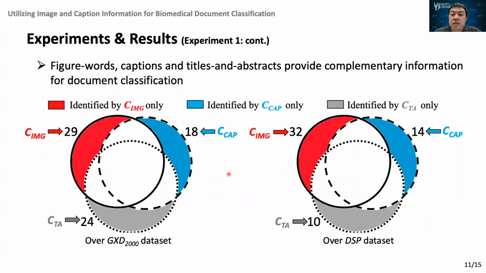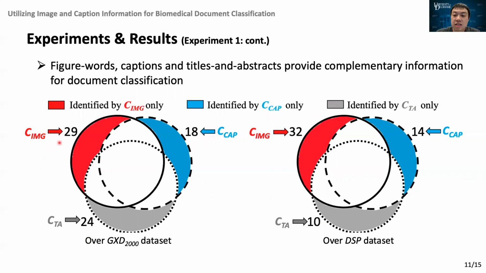This figure shows a comparison of relevant publications identified by classifiers CImage, CCAP, and CTA. Over the GXD2000 dataset, 24 publications can be identified by CTA only, while 18 relevant publications can only be identified by CCAP.